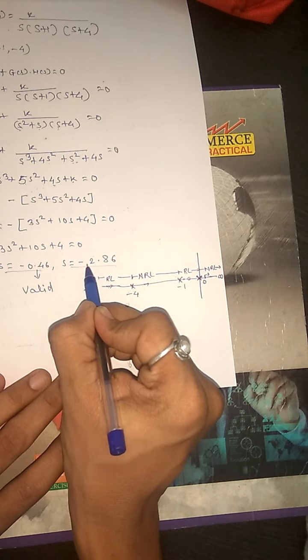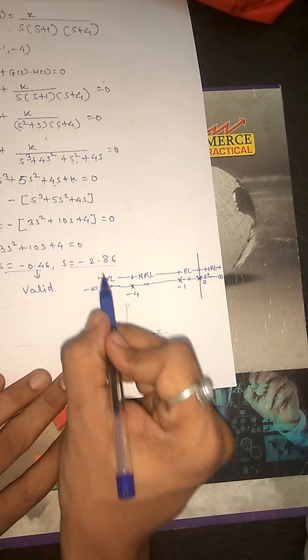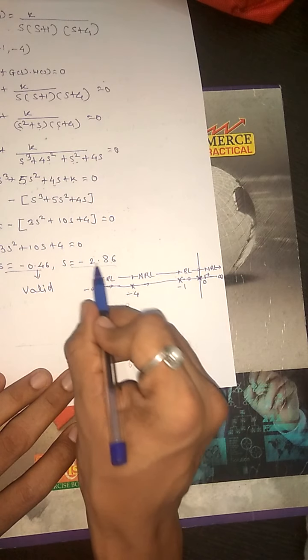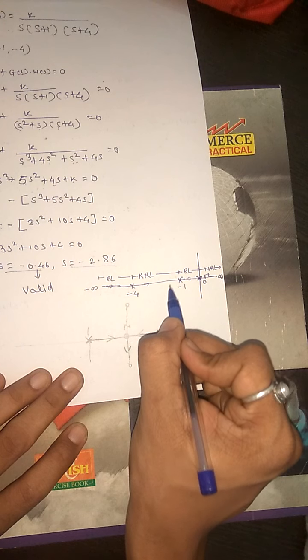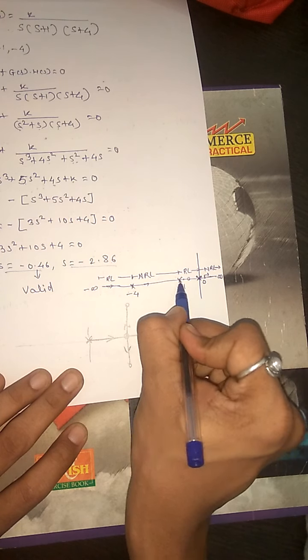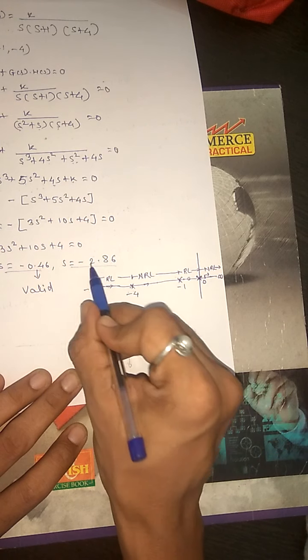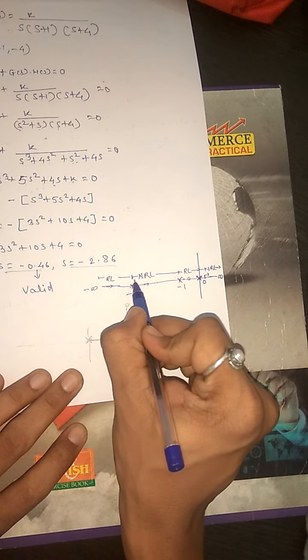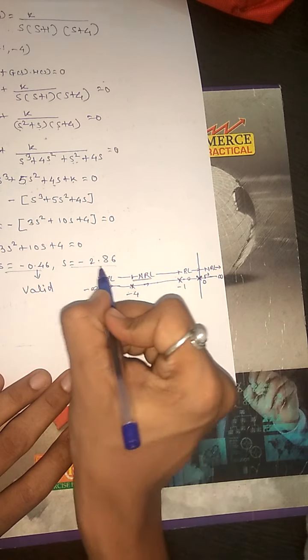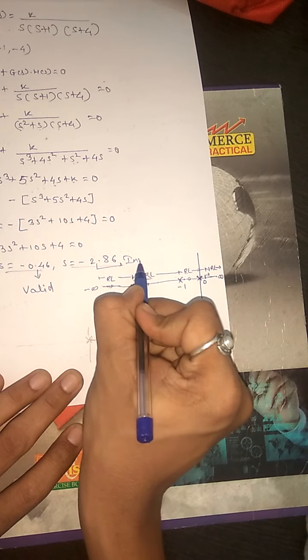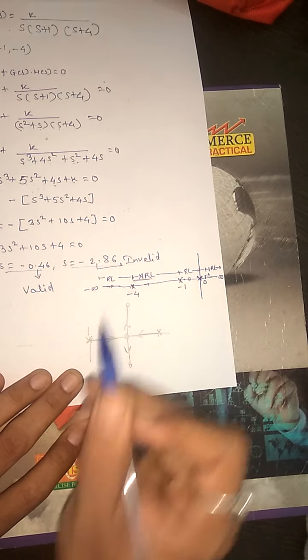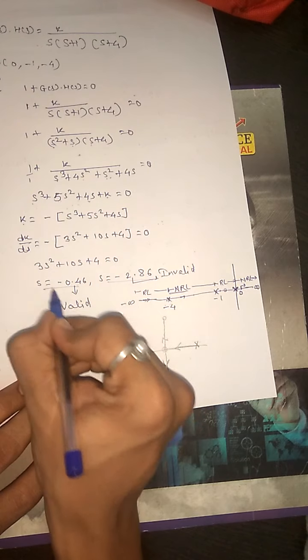Now minus 2.86 is lying between minus 1 and minus 4 somewhere. Suppose this is 2, this is 3, so minus 2.86 is lying in a non-root locus region, so it is an invalid breakaway point.